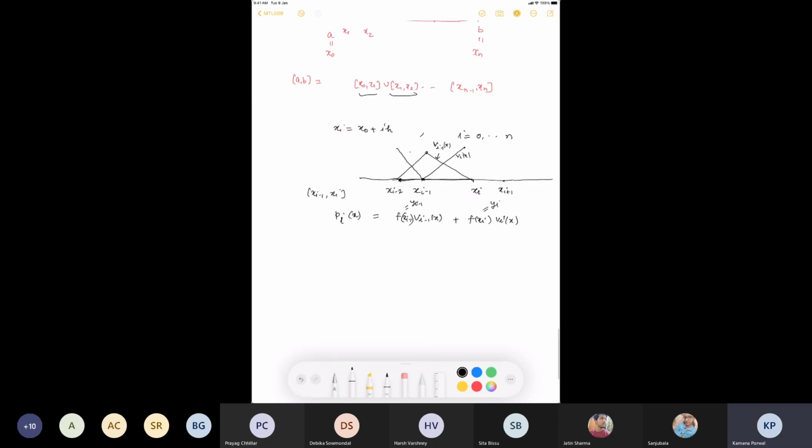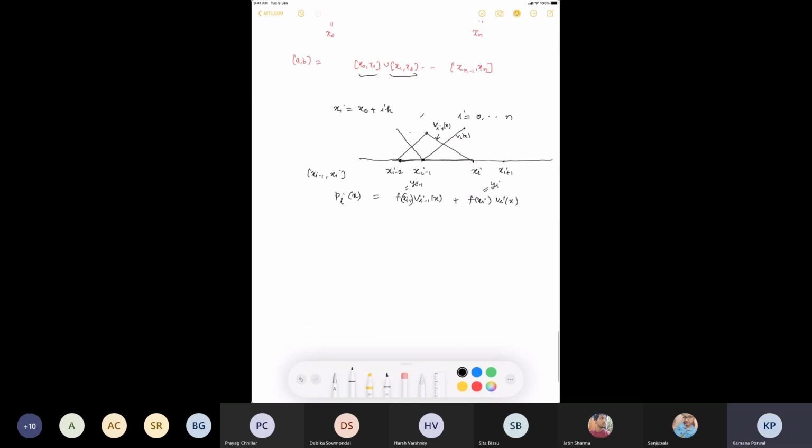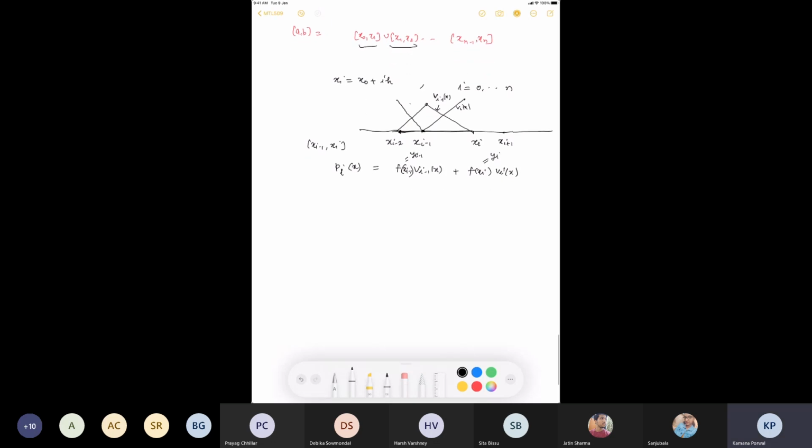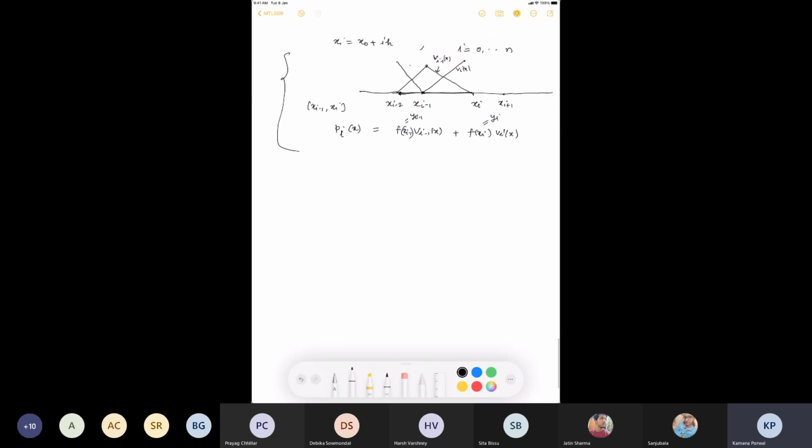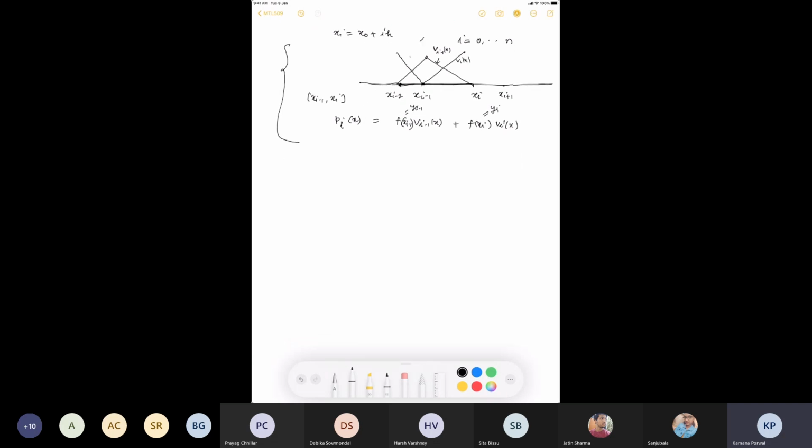If you learn numerical methods for PDEs, you will see that these kinds of interpolations are used to design numerical methods to solve differential equations. The linear interpolation case is easy, so I'm going to consider the quadratic interpolation. You can try to write this down yourself once I explain how we are going to do the quadratic.